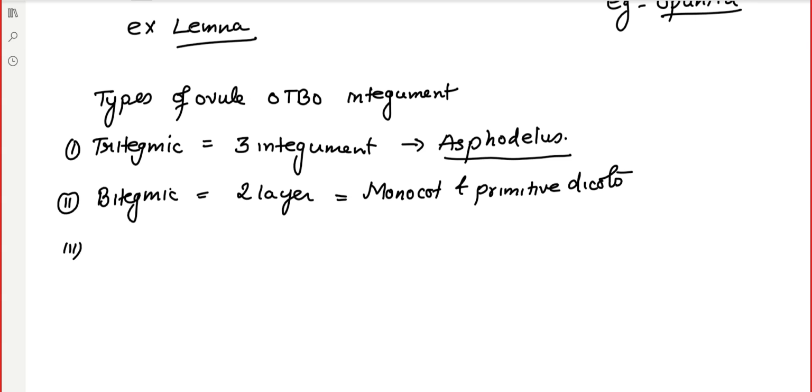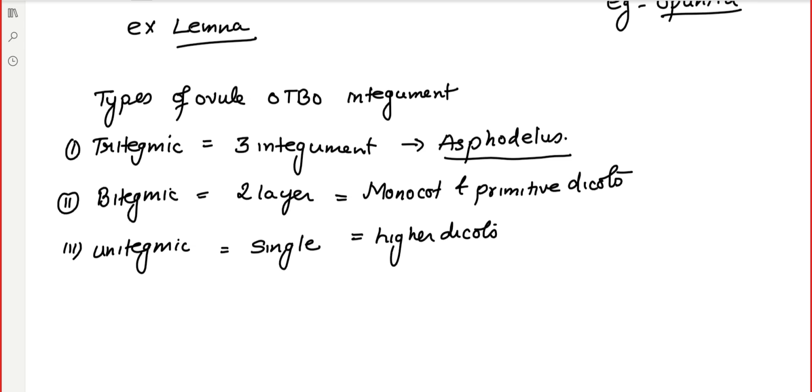Then you have the third one called unitegmic ovule, where you have a single layer of integument, and the example is higher dicots. Unitegmic is also seen in the group known as gymnosperms.